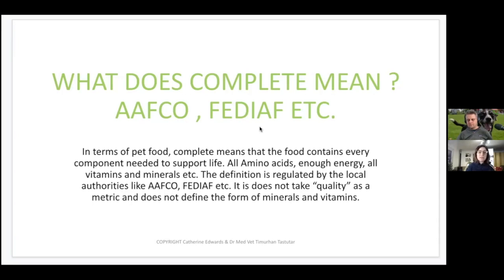So it's a very difficult one because people have a false confidence that if food is sold as complete and it says it meets one of these relevant standards, depending where you are in the world, that means it's a good quality food for your dog or cat. And unfortunately, that is not the case at all. You as an owner, you do need to dig a lot deeper than that. You cannot take this as an insurance that you're doing the best thing for your animal.